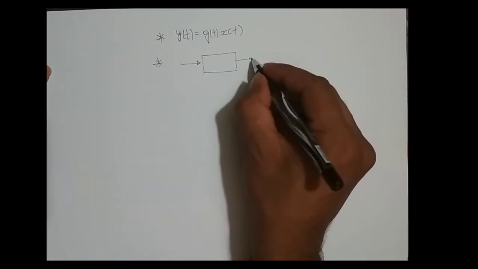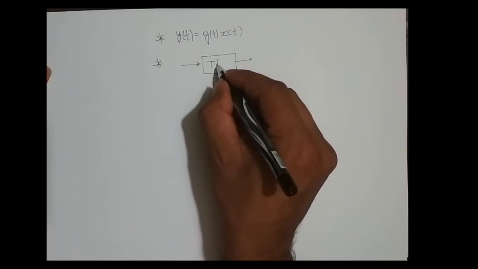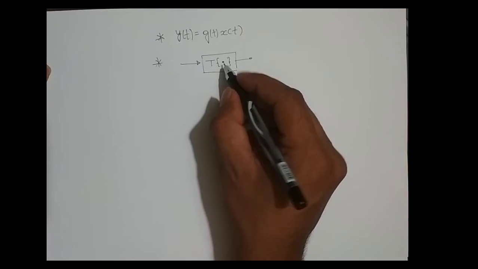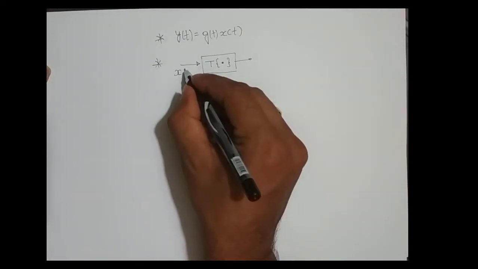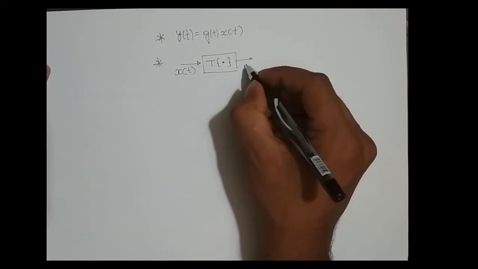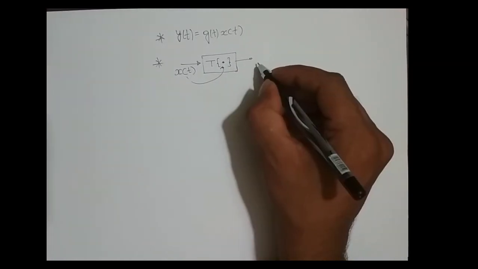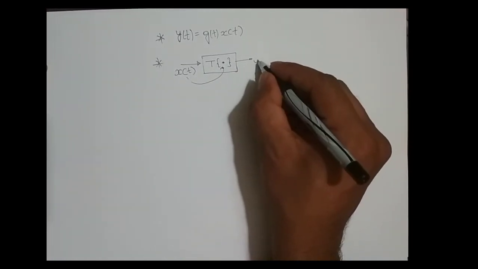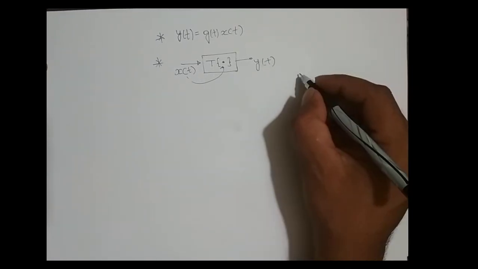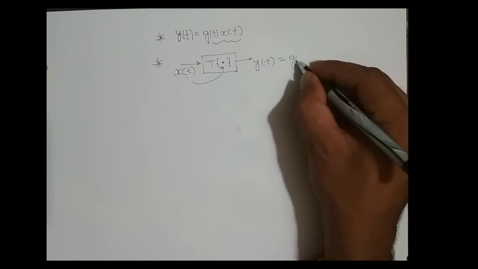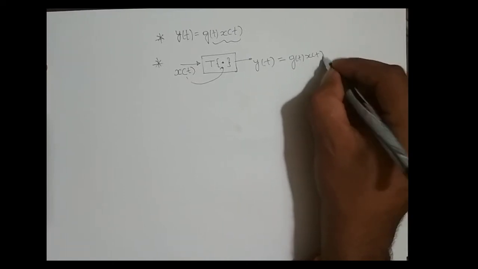I have a system which does some transformation, and inside this curly bracket x of t, the input signal, will appear, and the output we get is y of t, and this y of t is nothing but g of t into x of t.